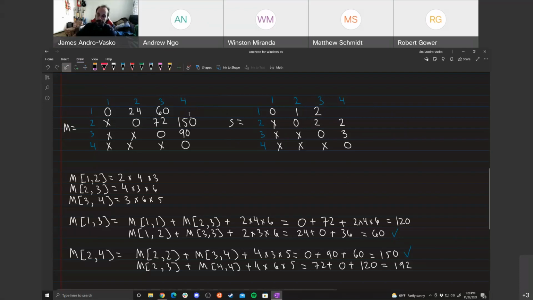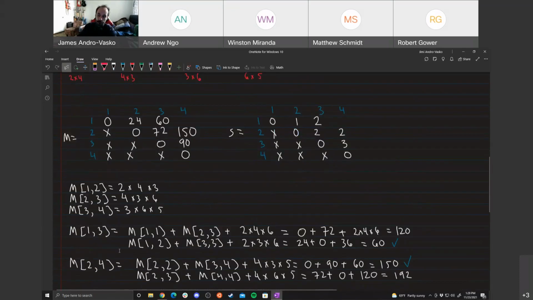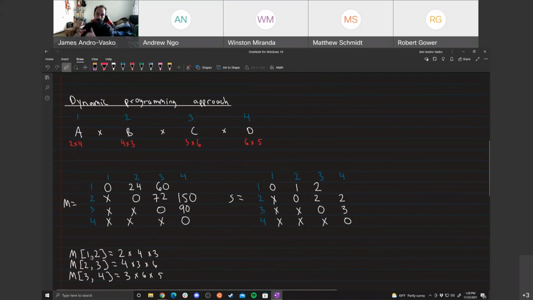So now we have to find our final result, which will be M1 comma 4. Put it right here. M1 comma 4 is going to be our total final answer, which is basically the multiplication of matrices A, B, C, and D. We have to compute these because there are many ways we can do this.